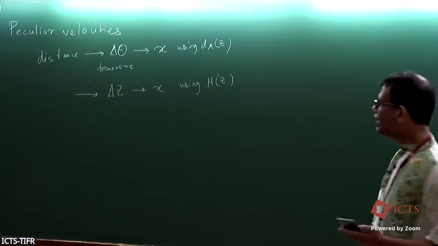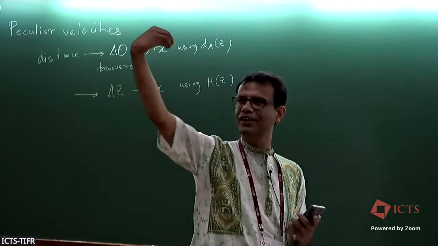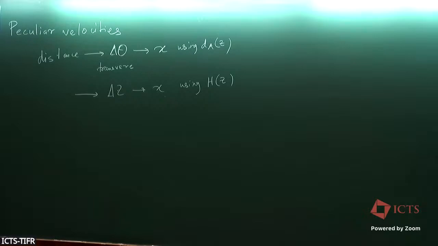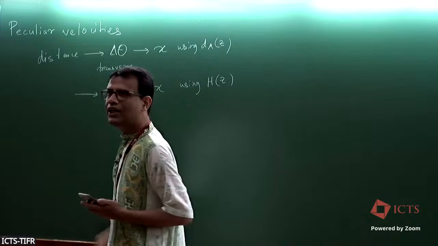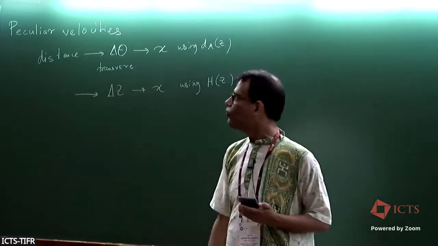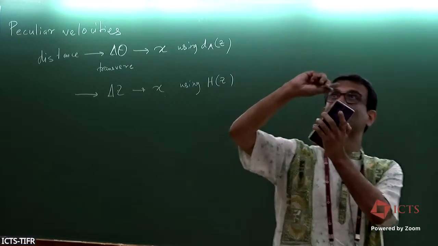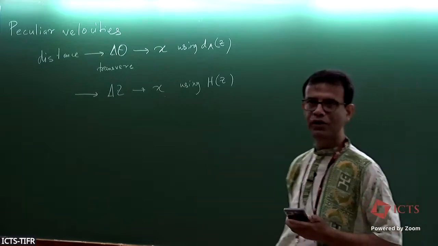In reality, there will be peculiar velocities. On top of Hubble expansion, things may move closer to us or away from us. Because of that, you will make an error in calculating the distance along the line of sight between two galaxies, and that will show up in your correlation function.